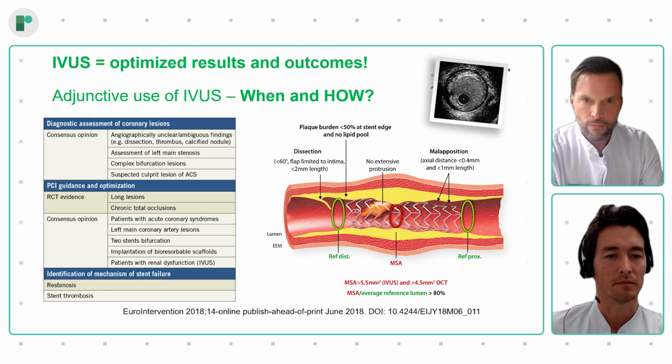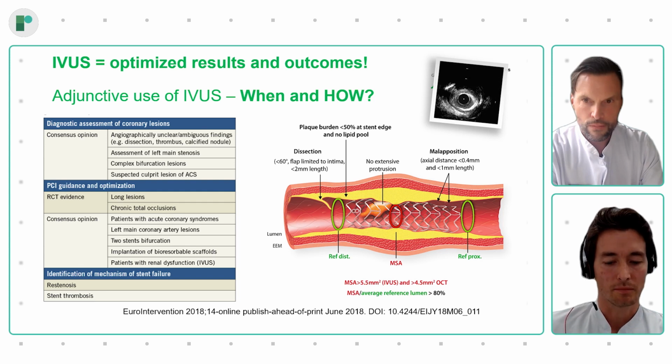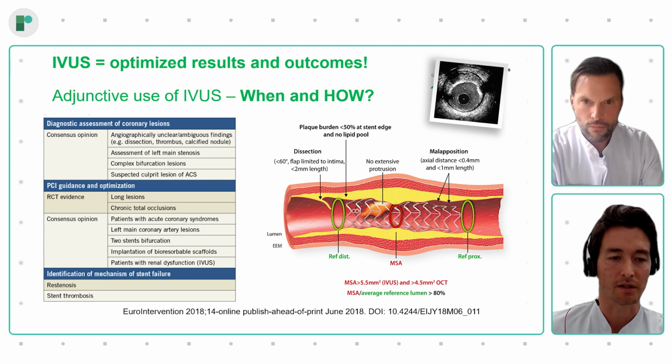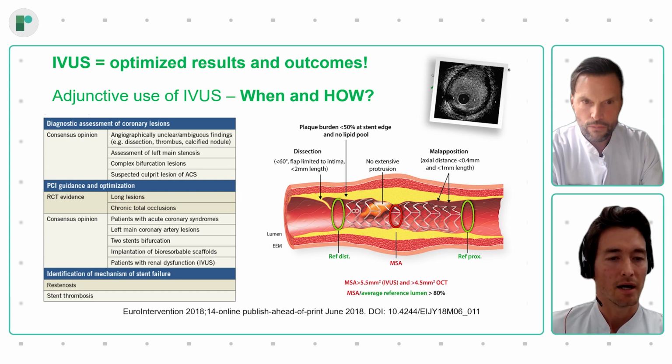Of course, left main stenosis assessment is an important role of IVUS, as well as other complex bifurcation lesions and so on. So far, randomized controlled trials have shown a benefit of using IVUS versus angiography-guided PCI, especially in long lesions and also in CTO situations. But also acute coronary syndrome patients can benefit from the use of IVUS, and of course patients with renal dysfunction to save contrast dye, as Professor Hammerstingl already mentioned clearly.